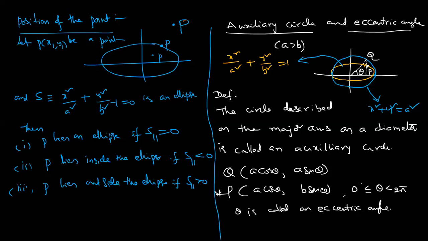Yes, support. Length of the major axis is the diameter of the auxiliary circle. Diameter must be the major axis. Kumar, correct. Completed?